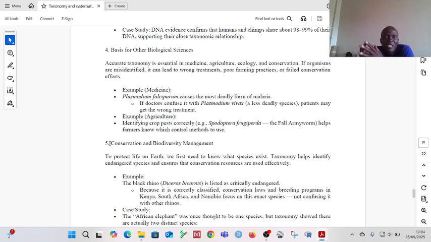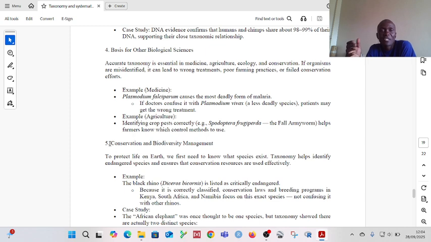If someone is identifying a pest differently, the treatment given to those animals or those plants or those crops will be different. Okay? If you are looking at a particular organism, we talk of the white rhino.